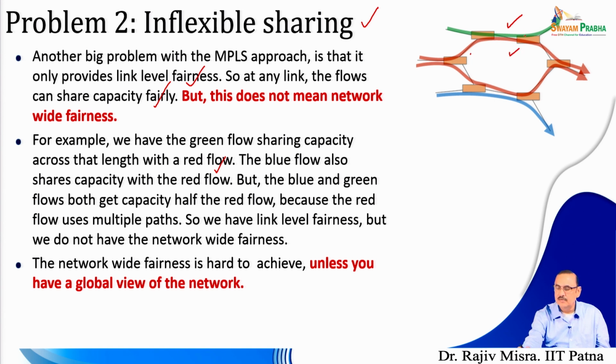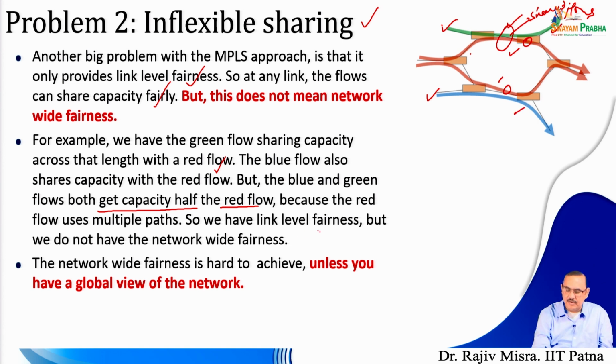So, both are shared. But the blue and the green flows each get half the capacity of the red flow. So, the red flow will get half of this and half of this, and they will get half of this and half of this traffic.